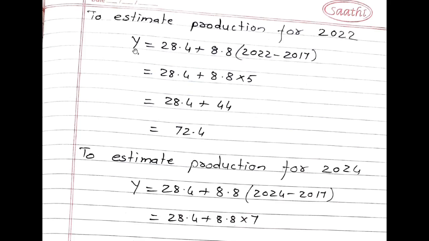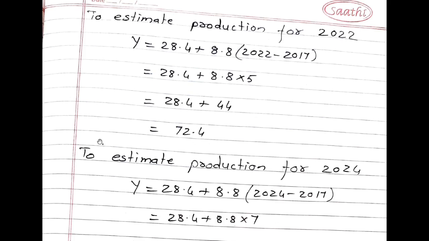So y is equal to 28.4 plus 8.8 into bracket 2022 minus 2017, which is equal to 28.4 plus 8.8 into 5. So we will multiply these two values. 8.8 into 5, the value becomes 44. We will add 44 in 28.4. So the estimated value of production for 2022 is 72.4.